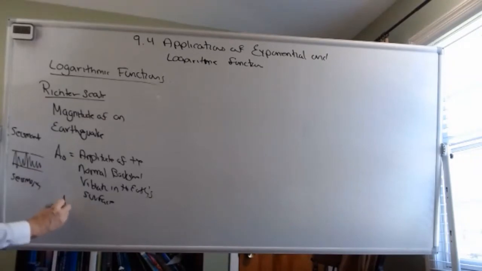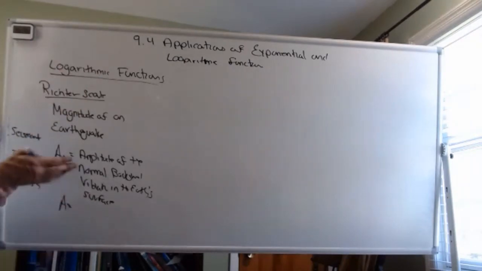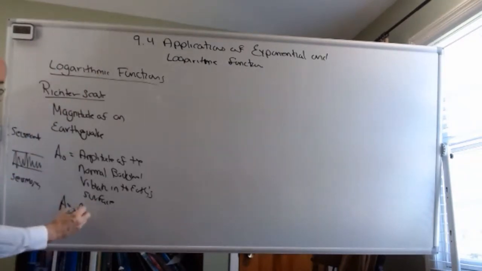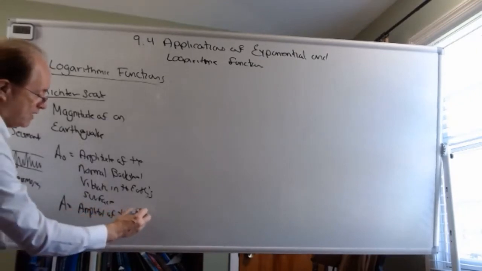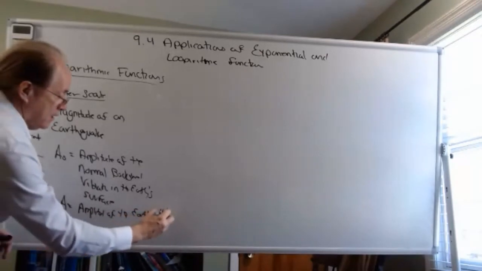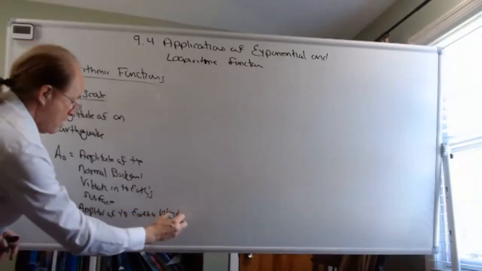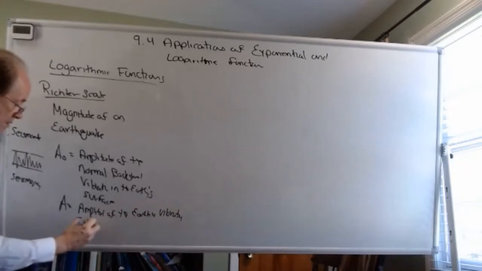And let A equal the magnitude of the amplitude of how much vibration there is from an earthquake. So A is the amplitude of the Earth's vibration caused by an earthquake.